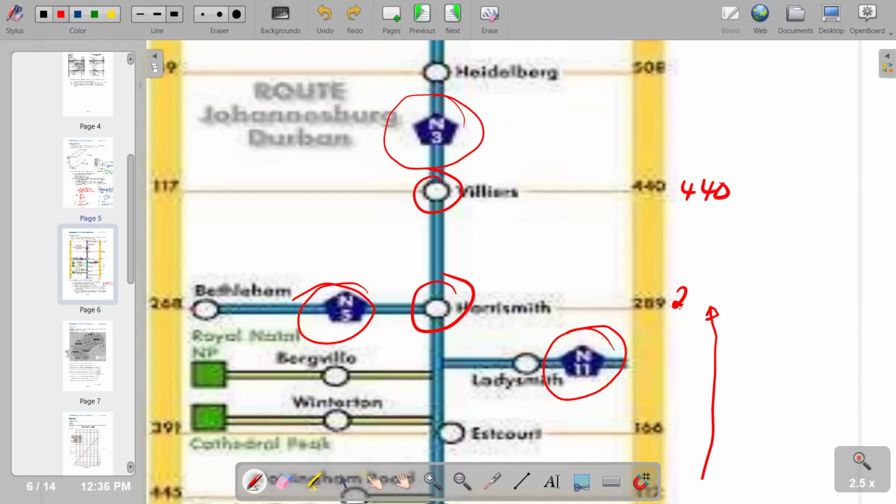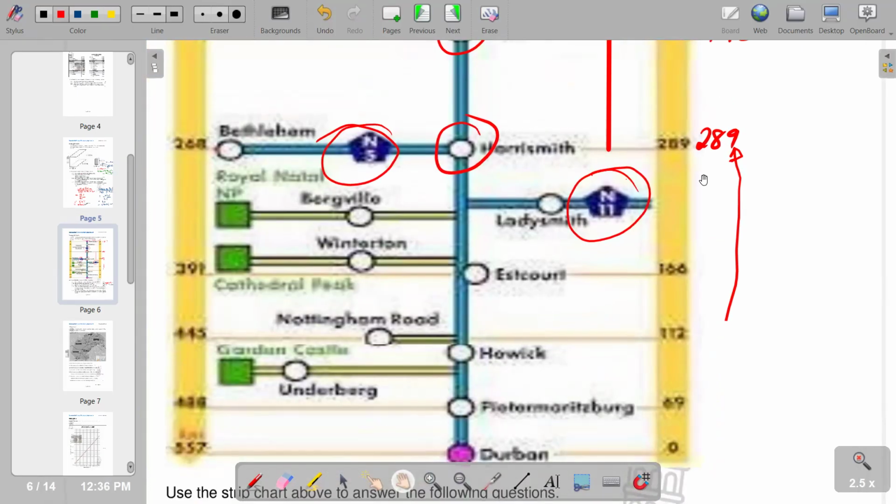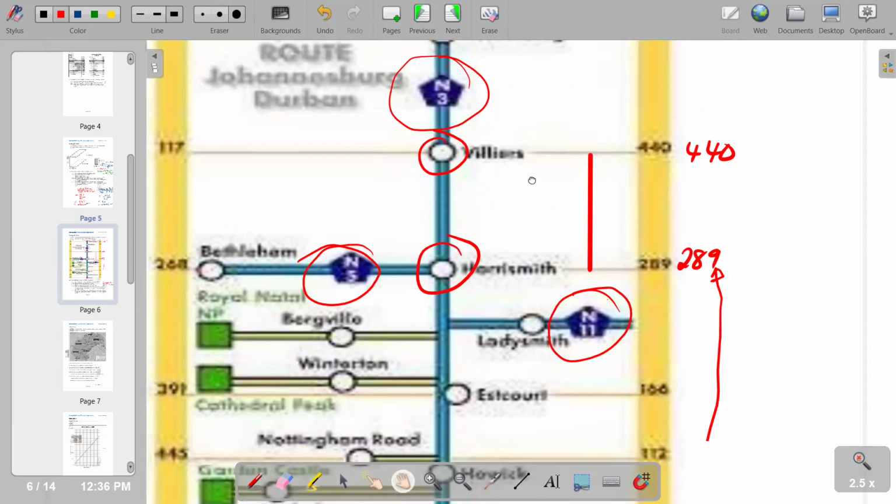So obviously, to calculate the distance that we have on this part, this is the distance that we want to calculate. So we're going to say from Durban to Villiers is 440, and then from Durban to Harrismith is 289.